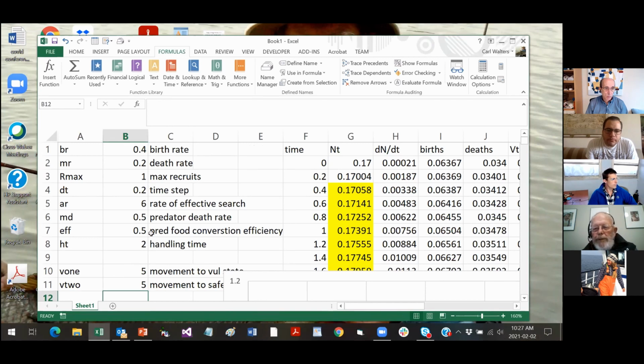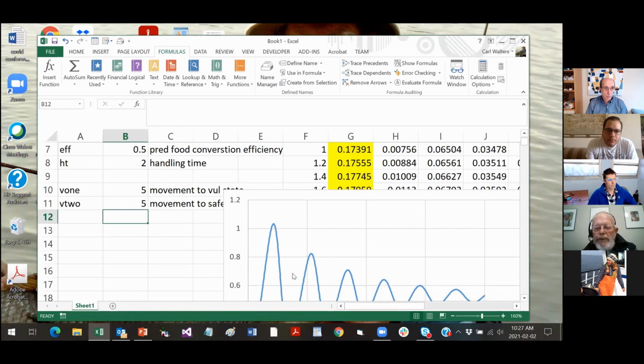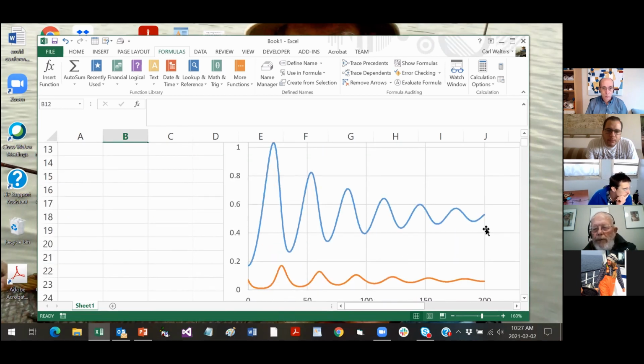So this was the basic discovery that allowed us to build models that exhibit stable dynamics rather than just violent oscillations.